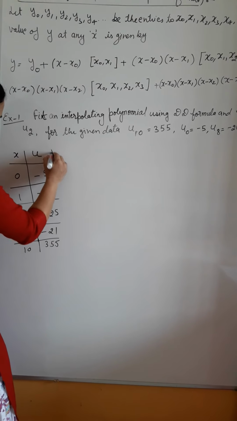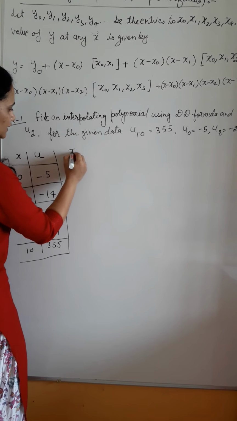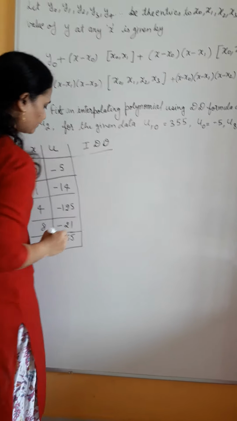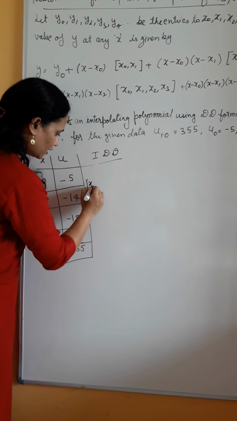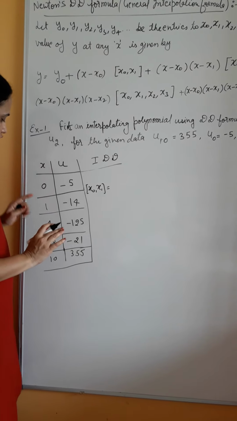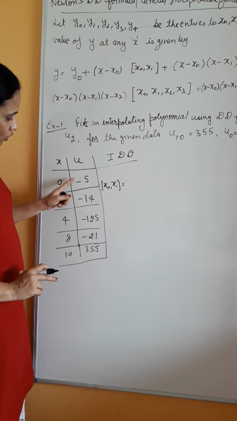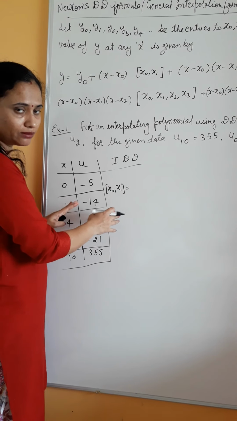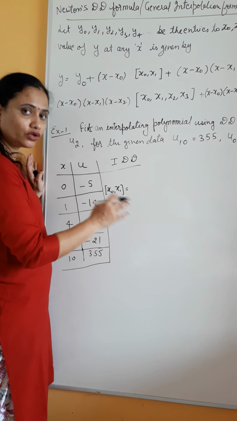Now we have to calculate the first divided difference. I am just writing the notation, not the formula. I would suggest you write x0, x1, x2, x3, x4 and y0, y1, y2, y3, y4 with pencil, since in the general table we have taken these values, so it will be convenient for you to understand.